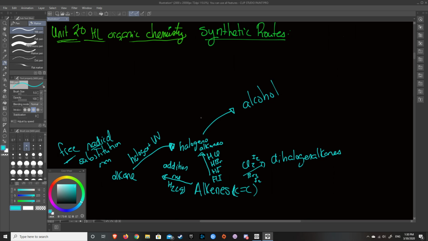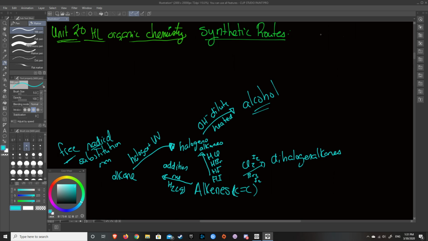We can react it to an alcohol using hydroxide, dilute, and heat it a little bit. So heated hydroxide, and it can be dilute because we want that water in there. So we can form an alcohol. It depends on the identity of the halogen to know what alcohol is formed, right?